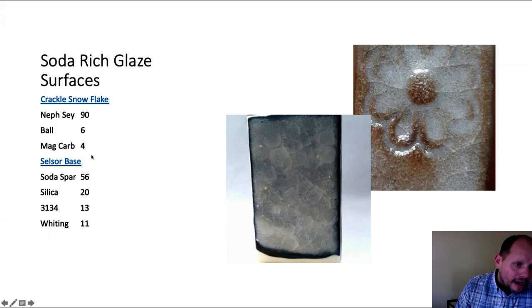You could probably find a Neph Sy glaze with an inclusion of a sodium feldspar or a soda spar anywhere between like 35 to 80%. This crackle snowflake right here is 90% Neph Sy. Which is obviously a lot of sodium, and you can see that in the relationship of the crazing and these kind of craze patterns right here. It also has magnesium carbonate, which you'll learn in a little bit.